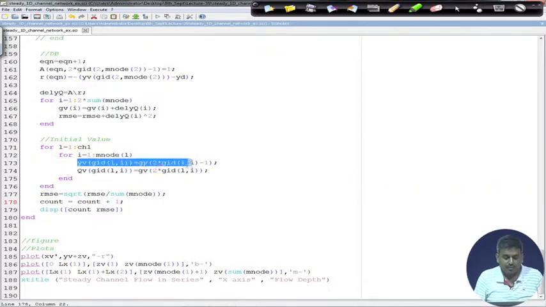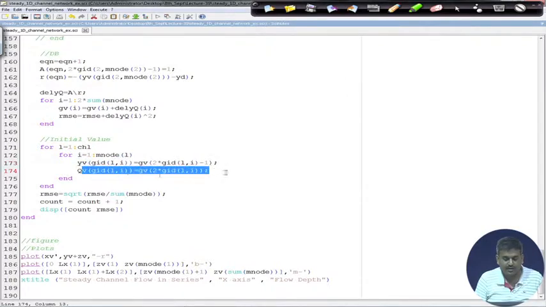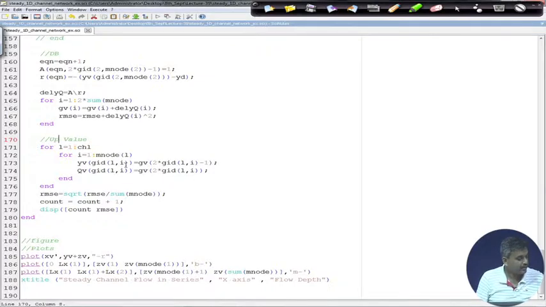Again we need to transfer these values, all odd values we need to transfer to y and q values directly. In this case these are update values, because we need to update values after solution of del y, del q.